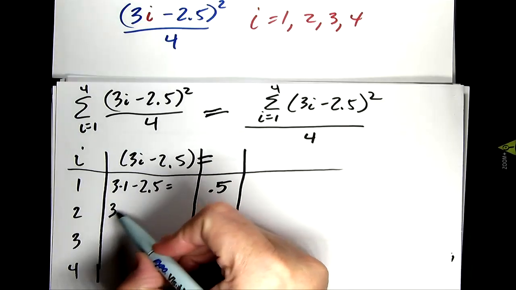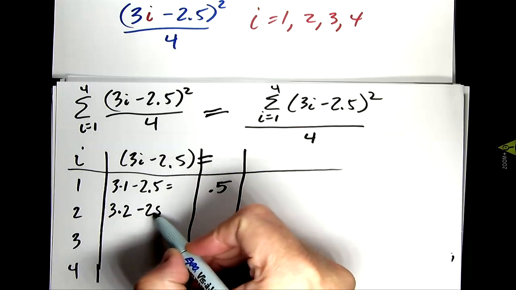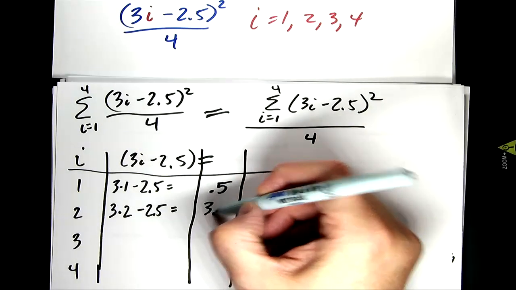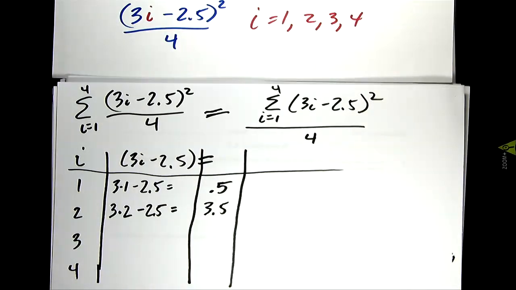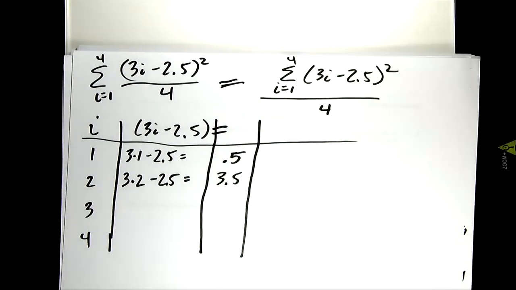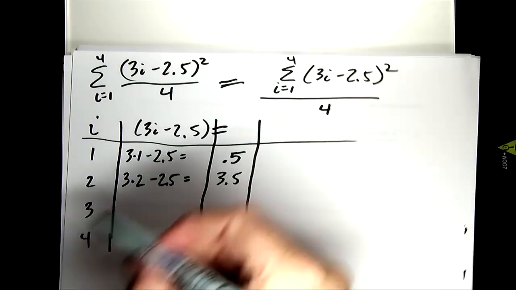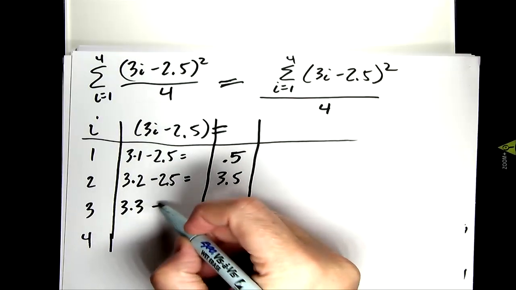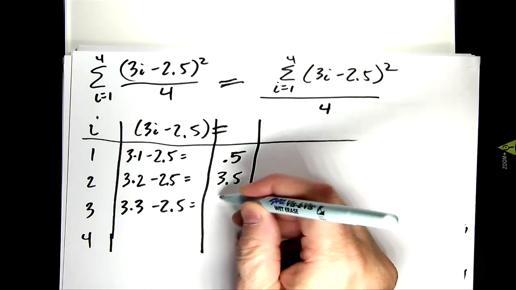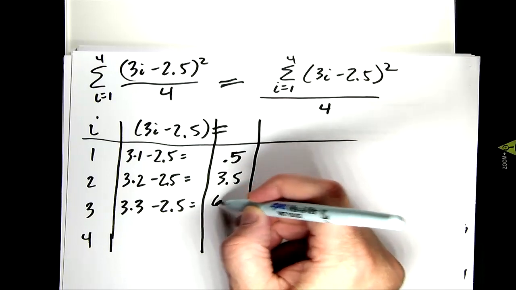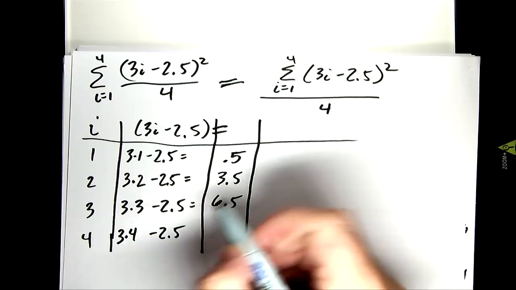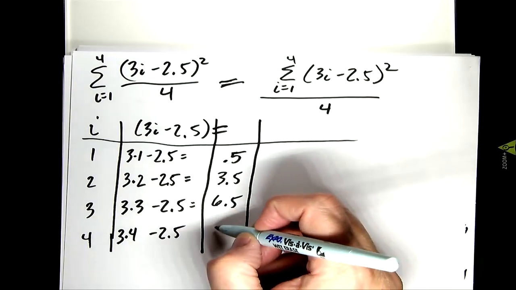Here we have 3 times 2 minus 2.5. 6 minus 2.5 is 3.5. Then we do 3 times 3 minus 2.5. And we've got 9 minus 2.5 is 6.5. And then we do 3 times 4 minus 2.5, which is 12 minus 2.5, which is 9.5.